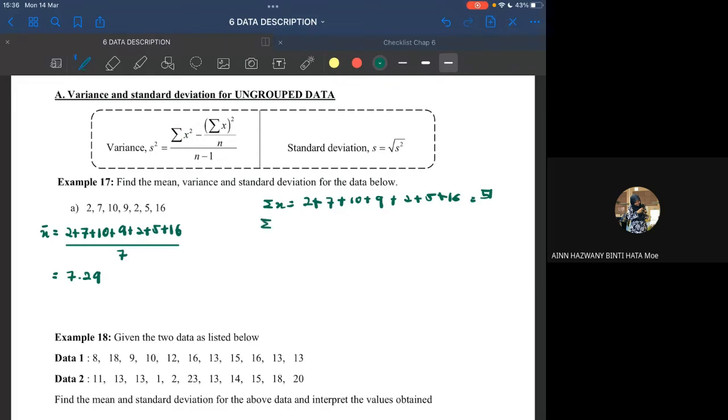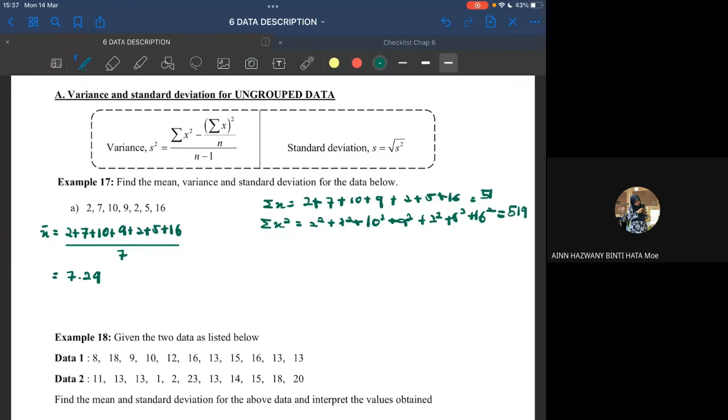Setiap data kamu kena squarekan, jangan kamu squarekan 51 square pula. Okay, ada juga yang buat macam tu. Every data kamu kena squarekan: 2 square plus 7 square plus 10 square plus 9 square plus 2 square plus 5 square plus 16 square. Okay, so we have 519.